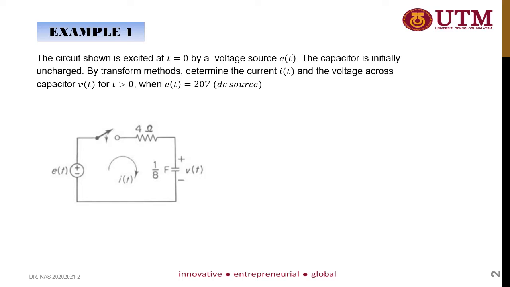Okay, so in this case, it is stated that the capacitor is uncharged, meaning that the initial condition is 0. The source is given as 20 volt, and you need to find what is i(t) and also the voltage across the capacitor, v(t), for t larger than 0.